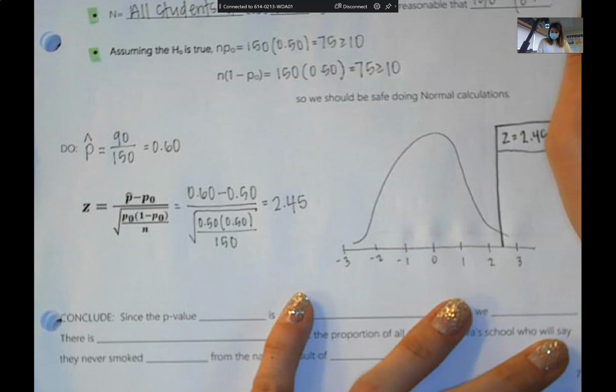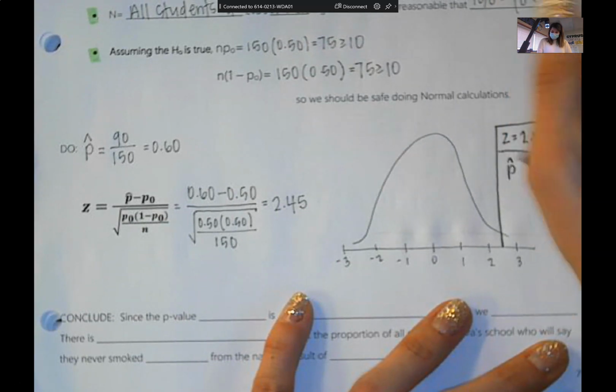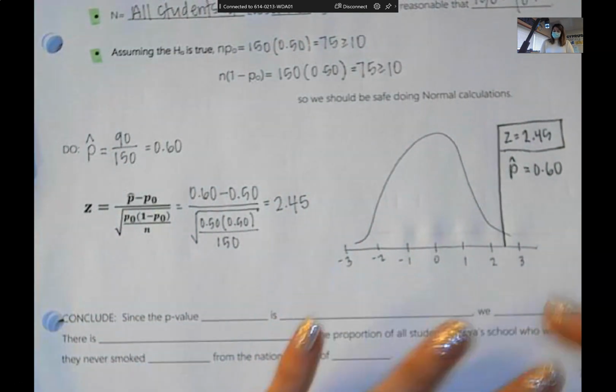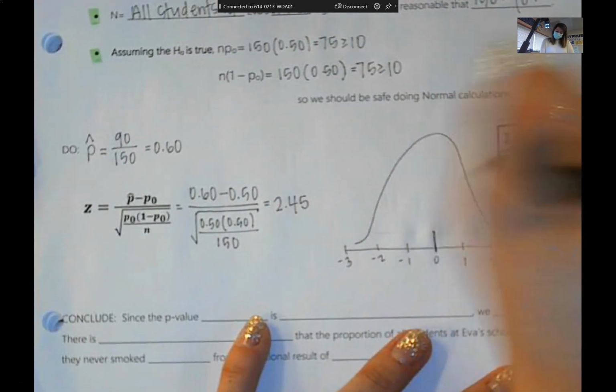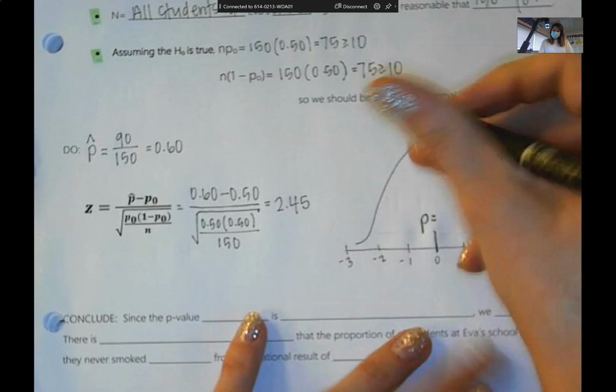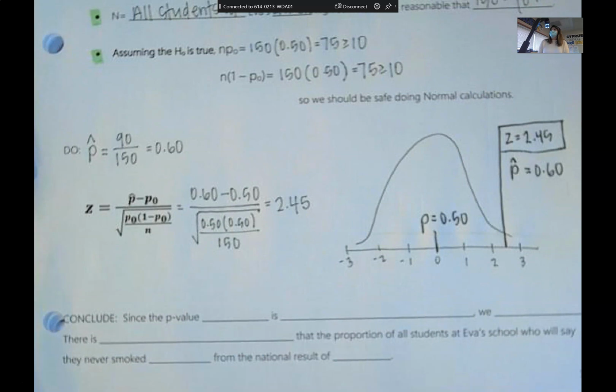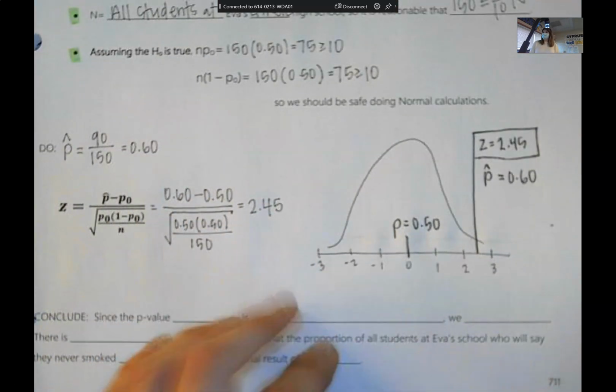So my sample of 60% that have never smoked a cigarette is 2.45 standard deviations away from the CDC's claim of 50%.